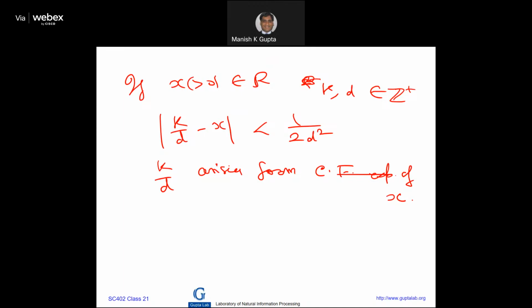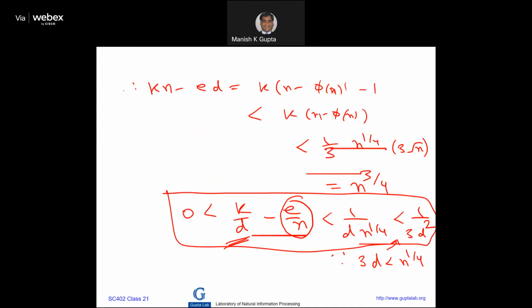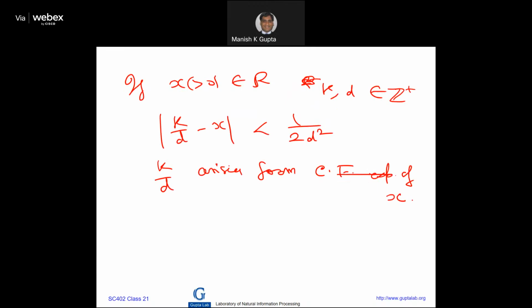The job is we keep on iterating K by D, and try to find that X from the continued fraction expression for X actually. Okay. Because you see, this inequality has K by D minus X. So X is something like this here. We need to estimate this value. So let me show you.